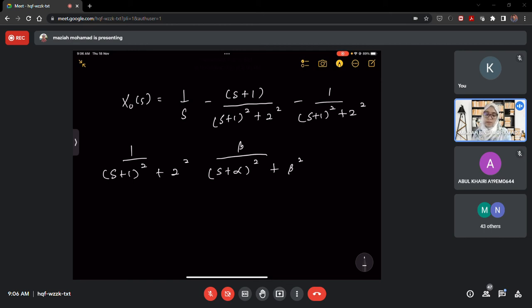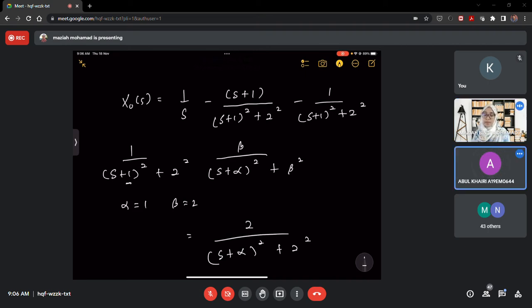At the denominator part, it is similar. So alpha is 1 and beta is 2. If we consider beta is 2, then your equation will become 2 over S plus alpha square plus 2 square. Correct?